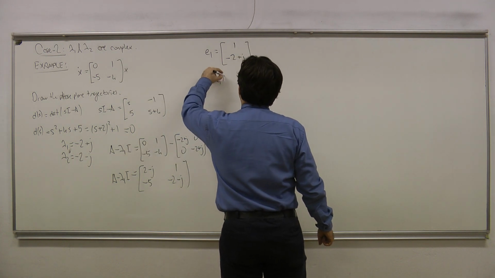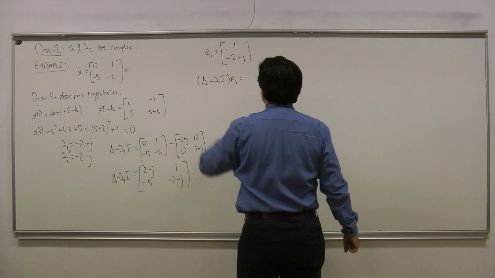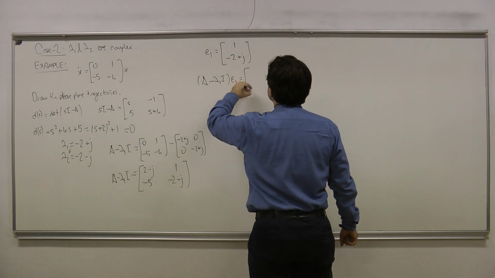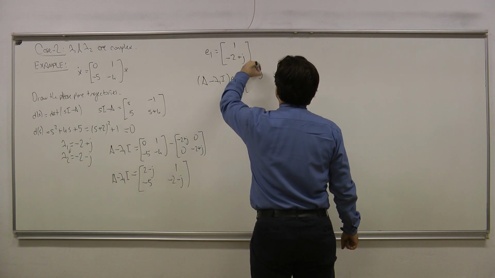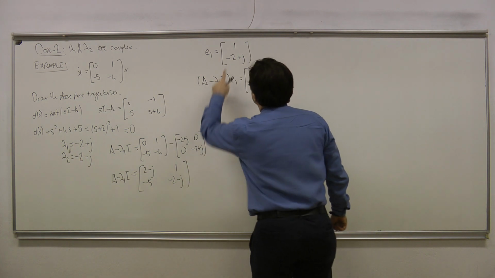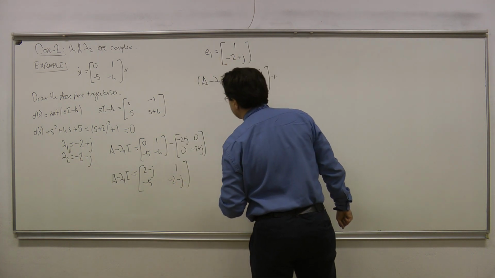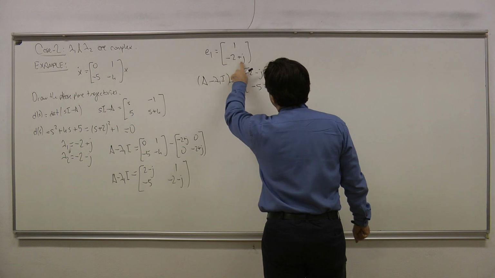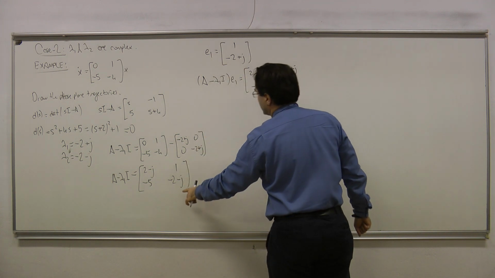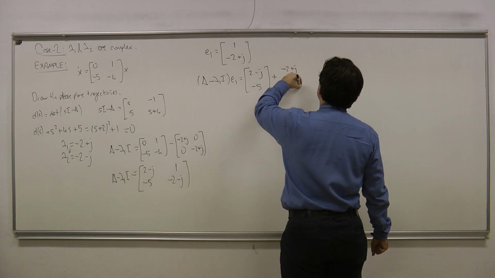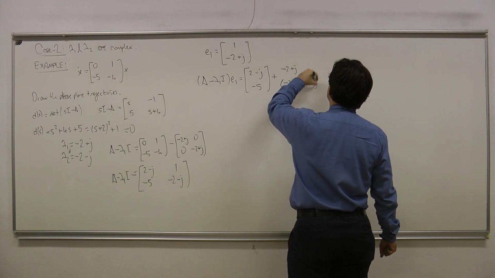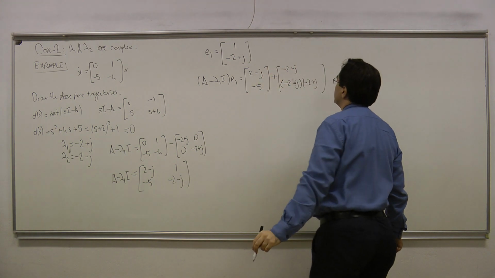A minus lambda 1 identity times E1 is 1 times the first column, 2 minus j and -5, plus the second element, -2 plus j, times the second column. The other element is going to be -2 minus j times -2 plus j. The vector is given like that.